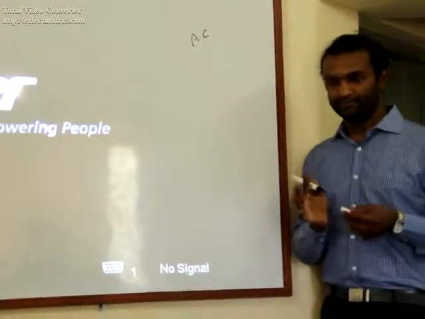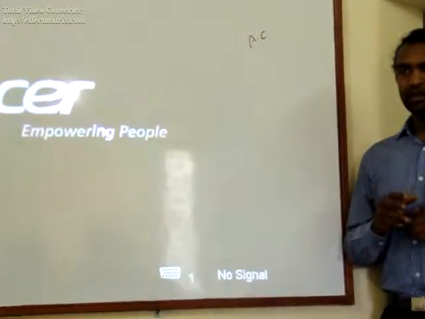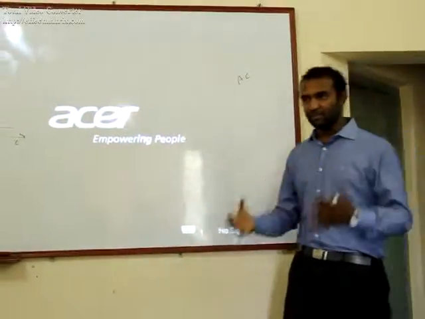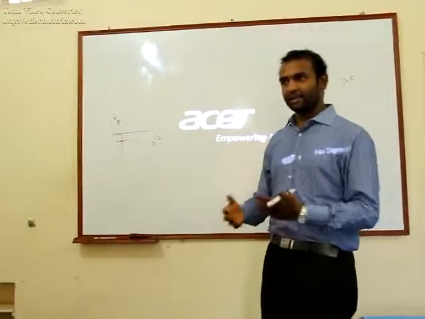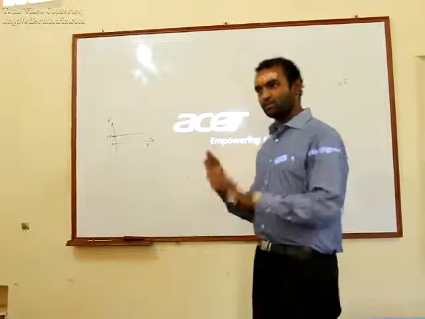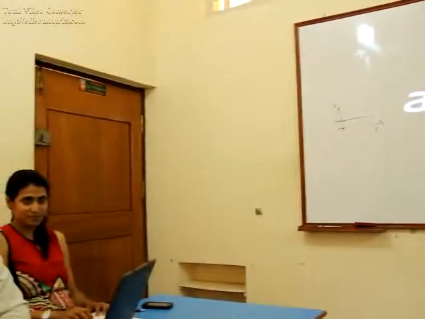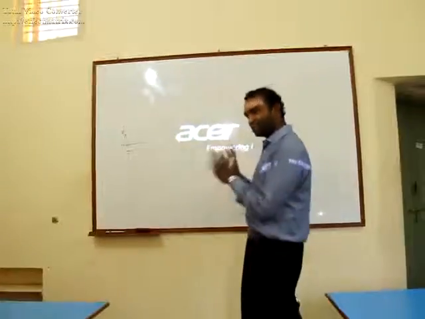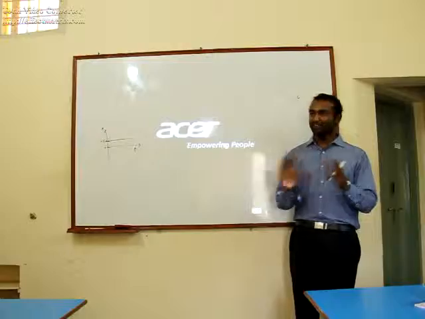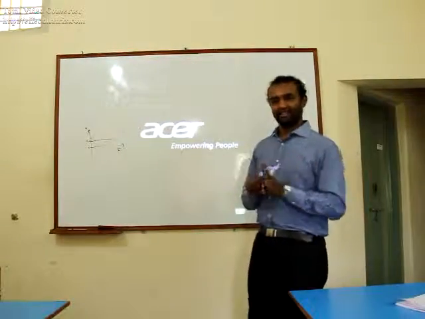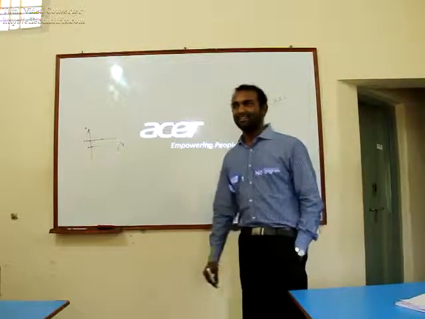How do you measure it? The measurement of AC and DC is explained in 200 pages. Simple. How do you measure AC? How do you measure DC? It is explained in those minutes. I'm leaving it open to you.